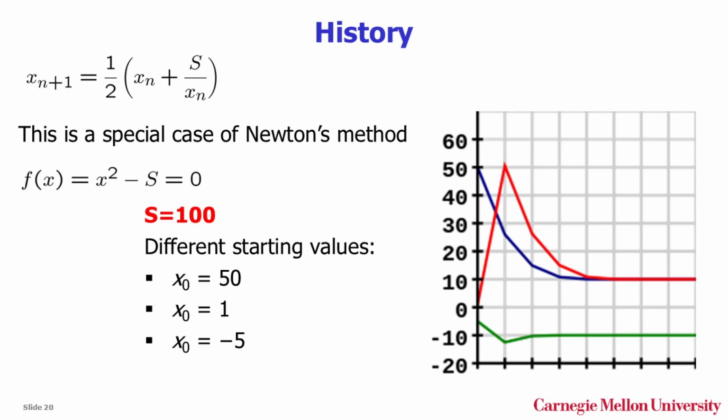As you can see, when x0 is 1 or x0 is 50, Newton's method converges to 10, which is indeed the square root of 100. When x0 is minus 5, the method converges to minus 10, which is also valid since minus 10 is also a square root of 100.